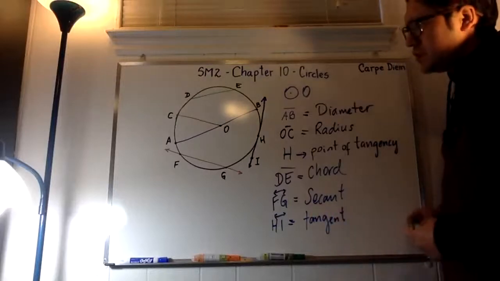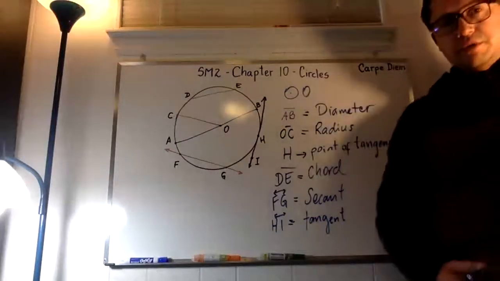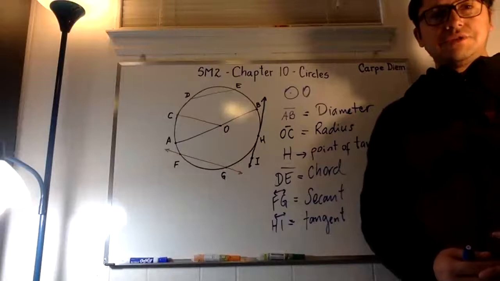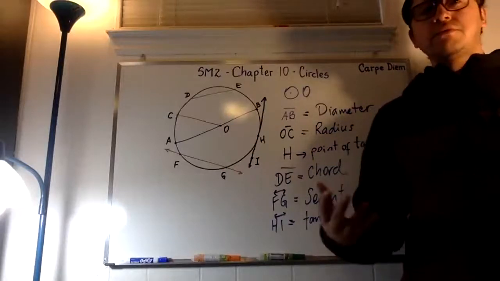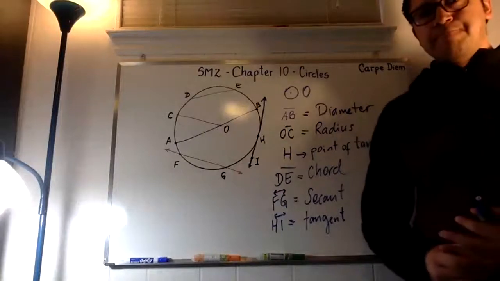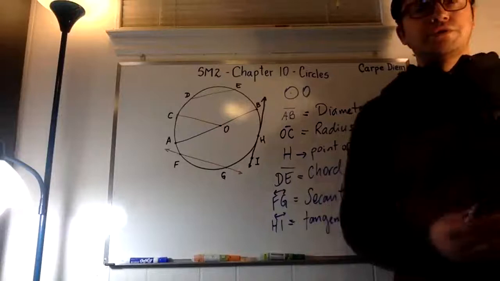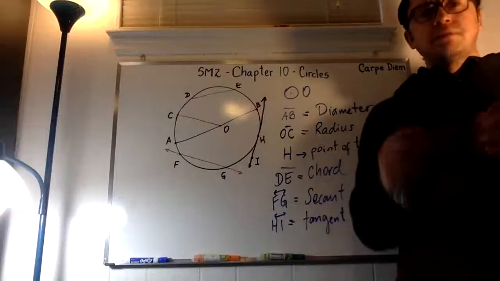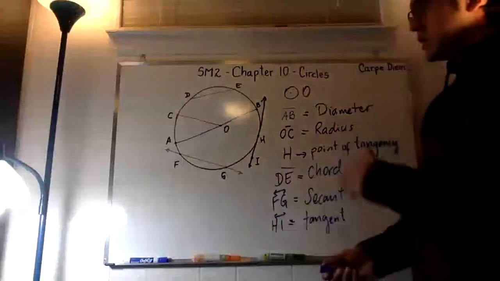Okay. So I want to make sure that you are familiar with this vocabulary, because again, every time we start a new chapter, we try to get familiar with the vocabulary, so we're all on the same page. Okay. And now from there, we are going to determine some concepts, some theorems that come from these types of exercises.